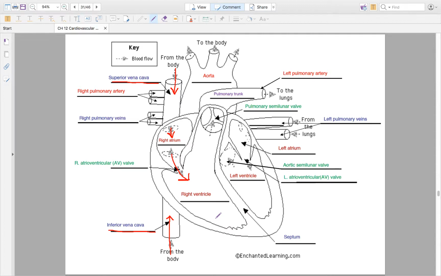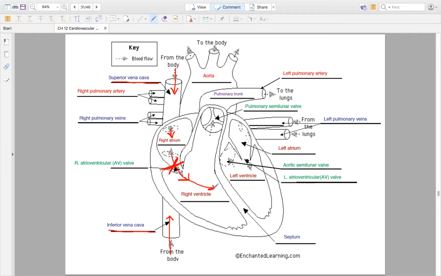Okay, now the next step in blood flow through the heart, blood moves into the right ventricle, and of course the ventricle will contract. But before that contraction, all of the blood will come into the ventricle, and this valve is going to close. It's going to close shut so that there's no backflow. So that means that this is a one-way passage and blood cannot go backwards.